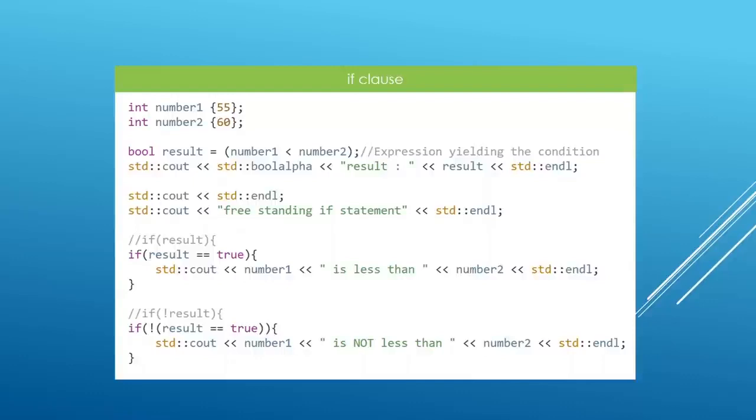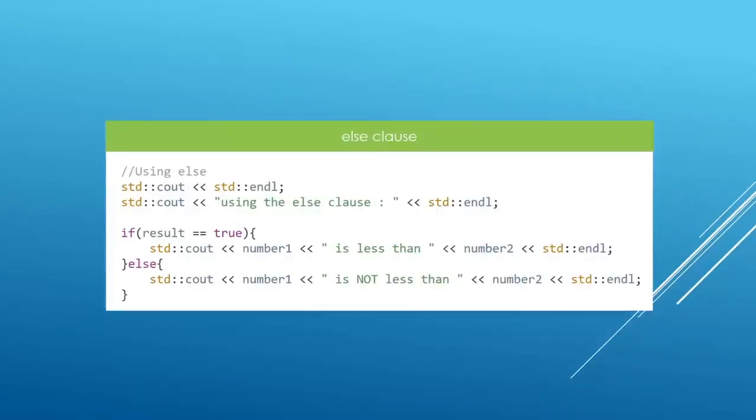And it is basically going to be the code we want to run if the test here is successful. We can also use an else clause to catch the case where the test hasn't been successful. In this case, we can say if result equals true, we're going to do something, and else, we're going to do something else. In other words, if result is true, we're going to say is less than.